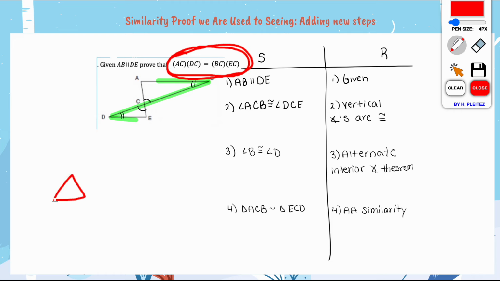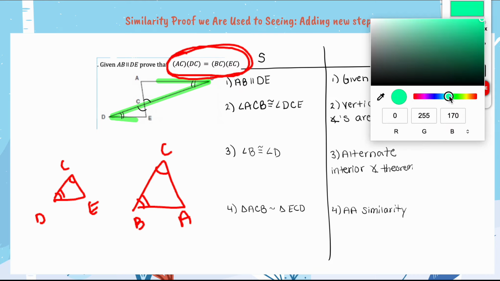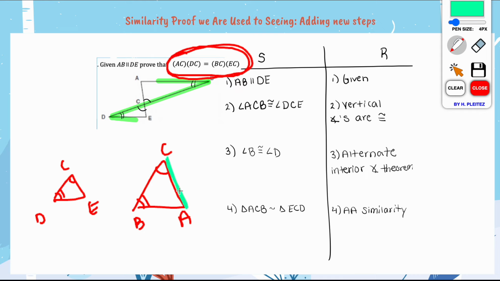So if our two triangles were drawn separately, we have DCE and we have CBA, right? So I'll always highlight. So we have AC, DC. Oh, I must have drawn something wrong here.